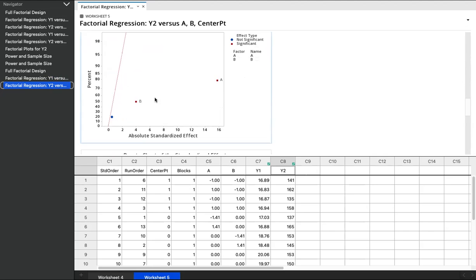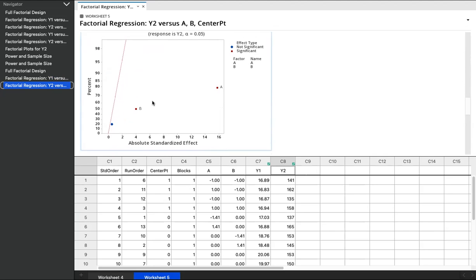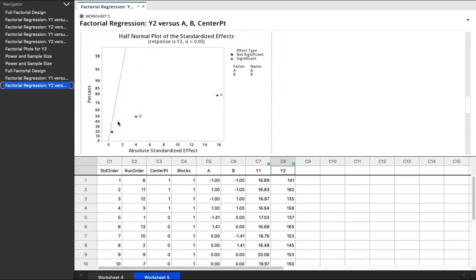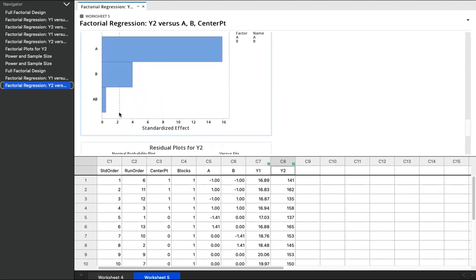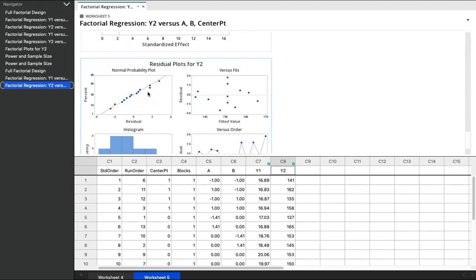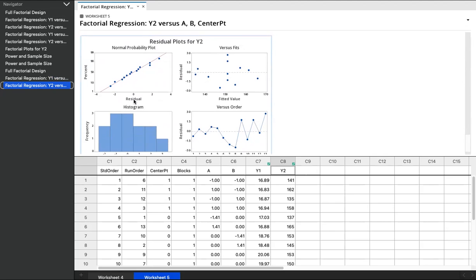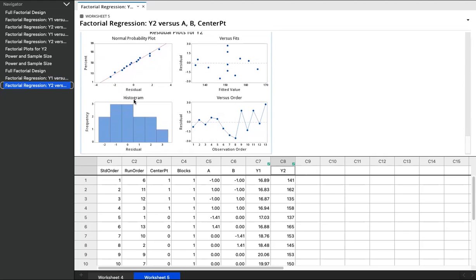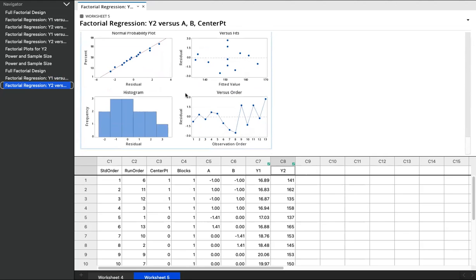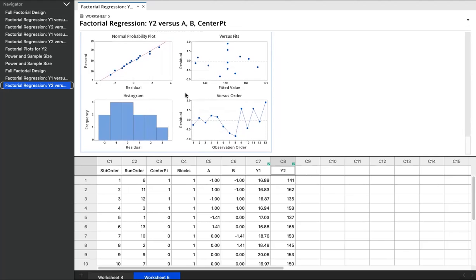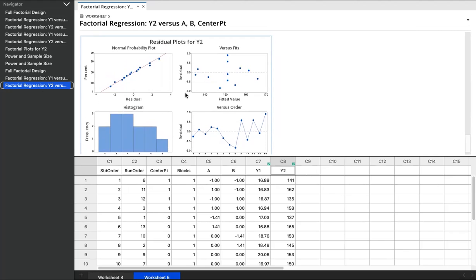Also at the half normal plot, we can see AB not significant, but A and B significant. So let's see residuals. They have very linear behavior and constant variance. So we see these residuals are very good.